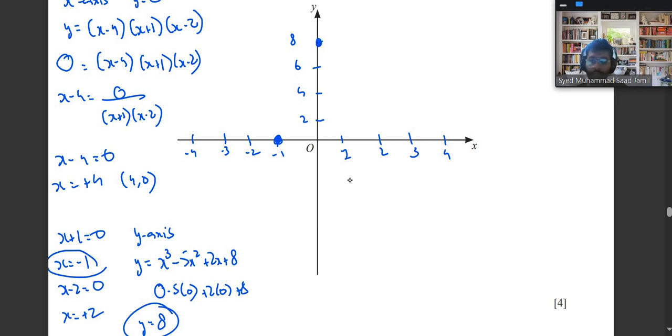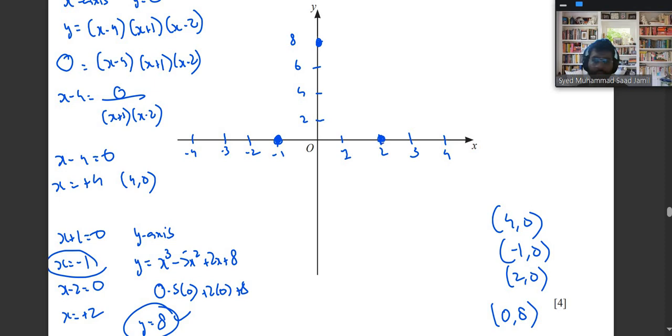How do we know that? Because y is equals to 8. Let me write down the points as well for you guys. Look, 4 comma 0, minus 1 comma 0 and 2 comma 0 and then 0 comma 8. Then we have 2 comma 0 and we have 4 comma 0.